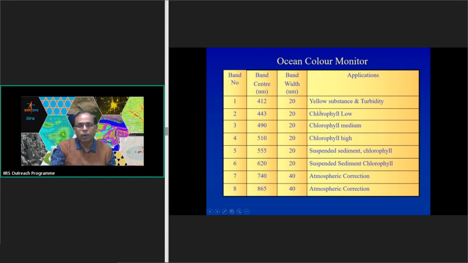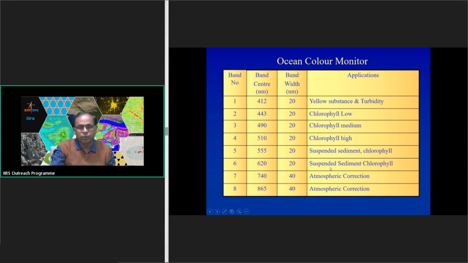The first band is useful for determination of yellow substance and turbidity. Then 443, 490, 510 is useful for chlorophyll concentration, low, medium and high chlorophyll concentration. 555 nanometer is helpful for acting as a hinge point for chlorophyll, and is also helpful for determining the suspended sediment concentration.